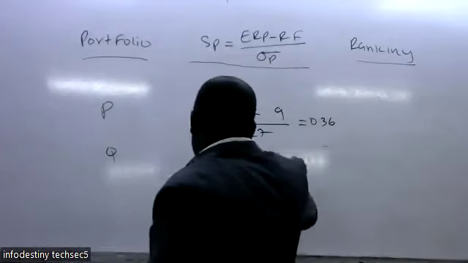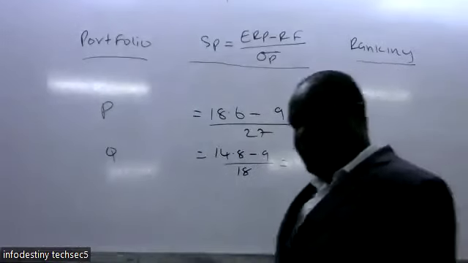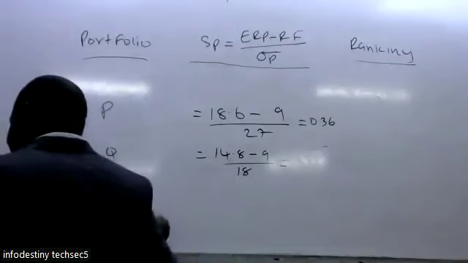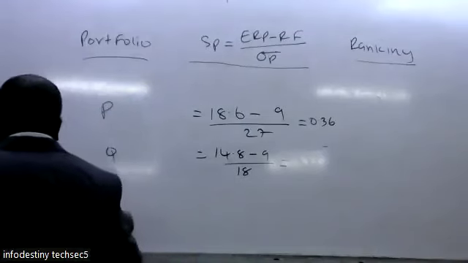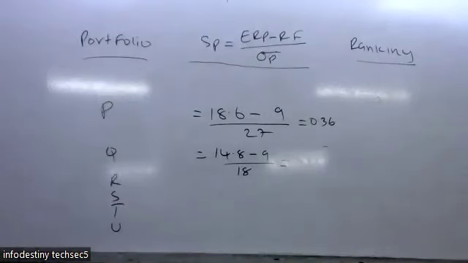Then there is R, S, T, and also U. So compute for all of them: P, Q, R, S, T, and U.